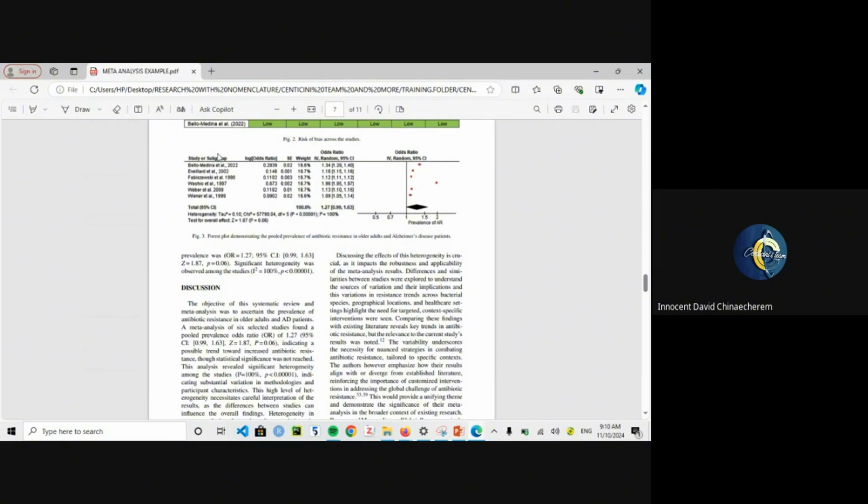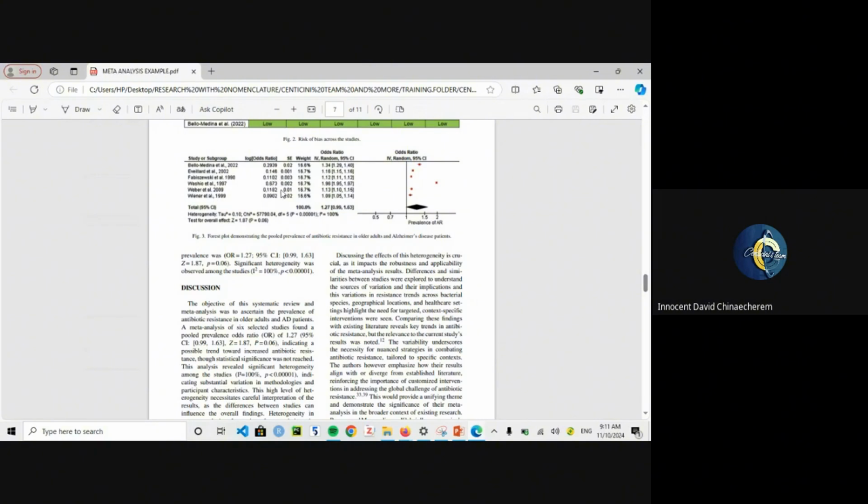So this is where we now perform our synthesis by combining the estimates across those studies, where we included 6 studies: the study by Bello, the study by Everland, the study by Fabrice, the study by Washio, Weber, and Vienna in 1999.